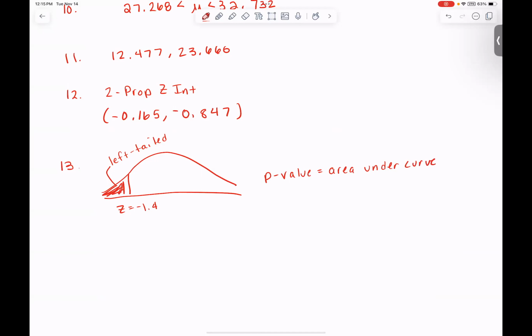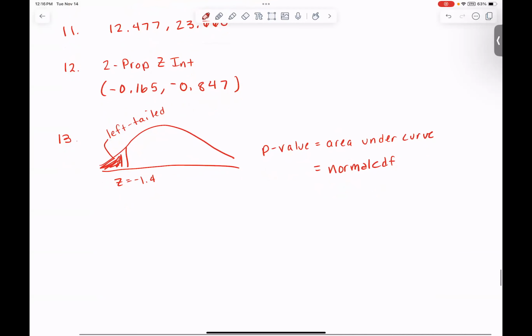And I can find the area under the curve using a normal distribution. So this is going to be a normal CDF. And our left bound is going to be that number way to the left, which we're going to use negative 1 E 99. And our right bound is going to be negative 1.4. And this is a standard normal distribution, so the mean is 0 and the standard deviation is 1.